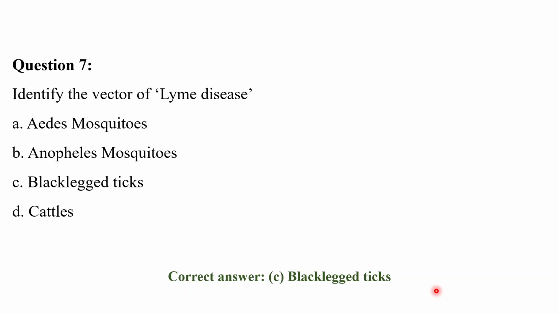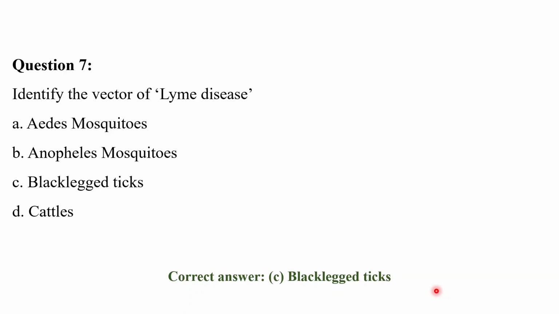Aedes is the vector for those two viruses and Anopheles is the vector for the malaria parasite. You must have heard that malaria and dengue are caused by mosquitoes. These are two different species of mosquitoes. Aedes mosquitoes carry the dengue virus and the chikungunya virus, whereas Anopheles mosquitoes carry the malarial parasite, Plasmodium, that causes malaria.